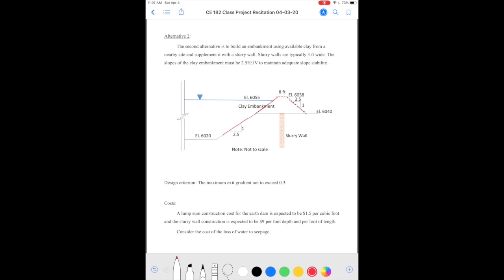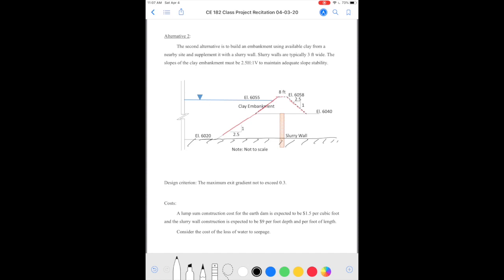Once again, we can also assume the ground surface, or the claystone here, to be impermeable, and the design criteria that's given is the maximum exit gradient not to exceed 0.3. So first you would consider just the embankment without the slurry wall and see what is the exit gradient.